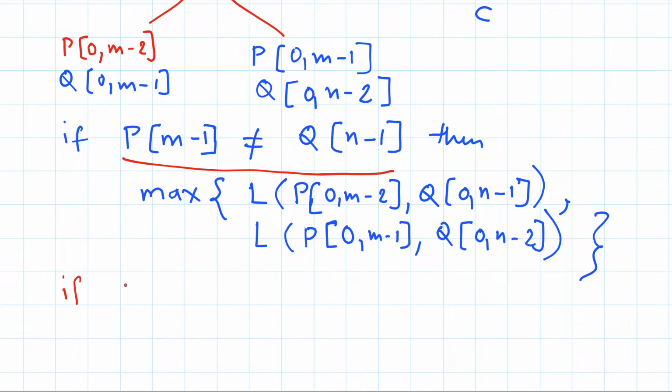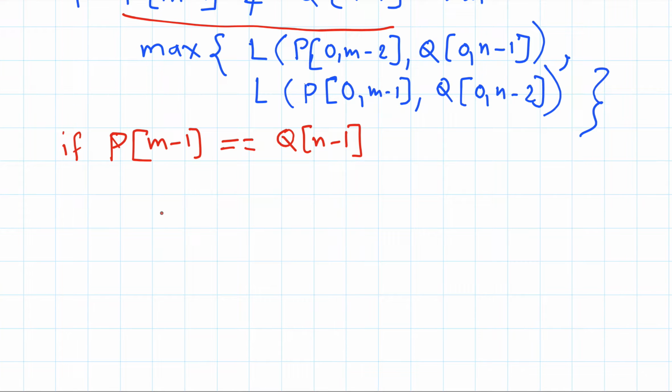The other case is if P of m minus 1 is equal to Q of n minus 1. If that is the case, we have some strings, let's say A, B, C, D and B, A, D, and here the last characters are the same.